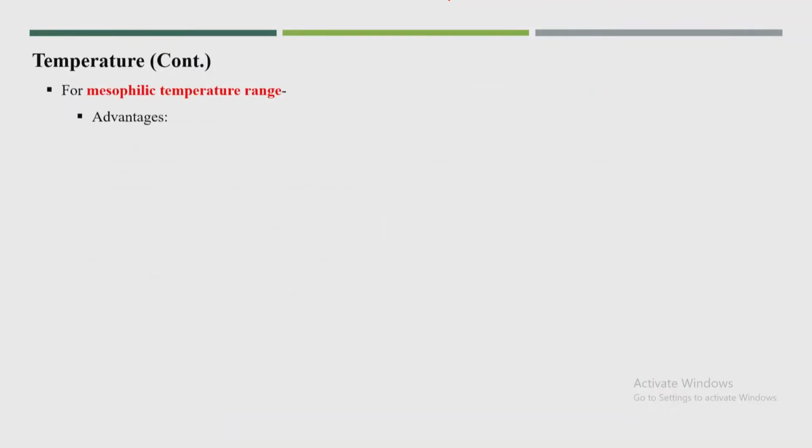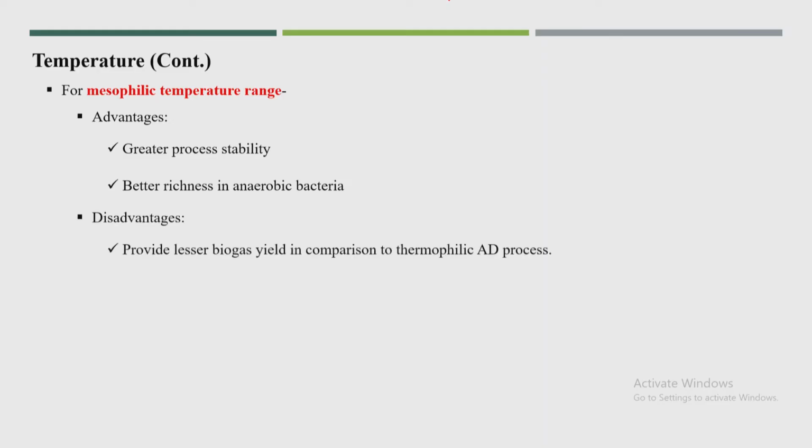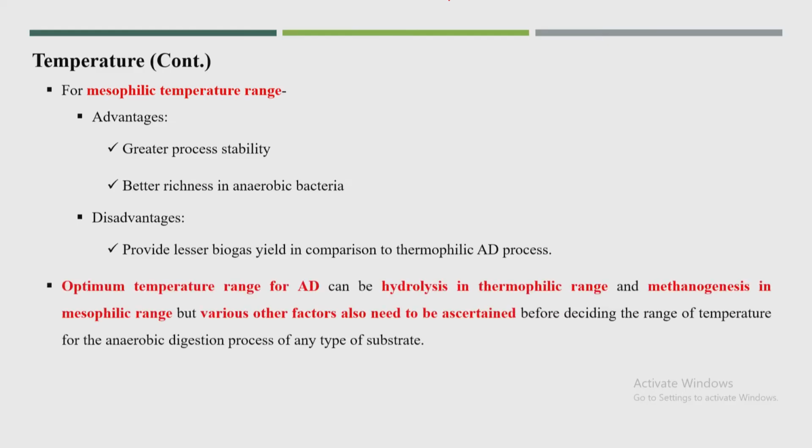But for the mesophilic temperature range, what are the advantages? Greater process stability and better richness in anaerobic bacteria. The disadvantage is that the yield won't be as good as compared to the thermophilic one.